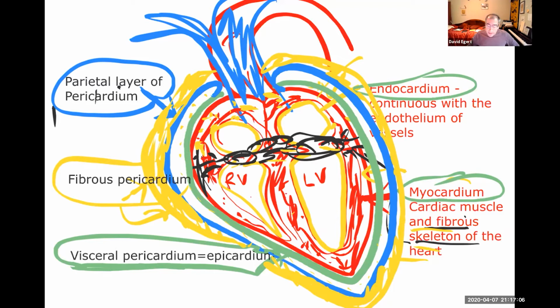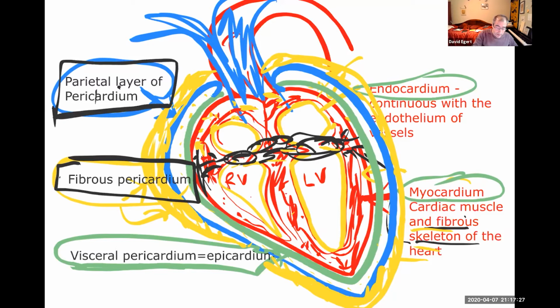So when you think about the heart, the best way is to think about it being in a little leathery bag with a slick lining. So this fibrous pericardium, let me use a black maybe. The fibrous pericardium and this parietal layer here together, these together become what we call the pericardial sac.